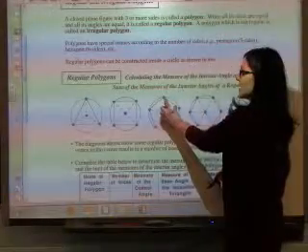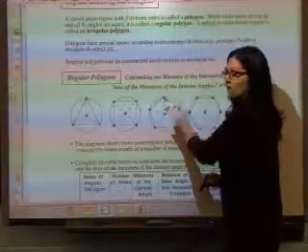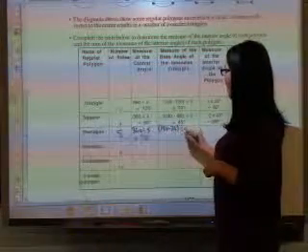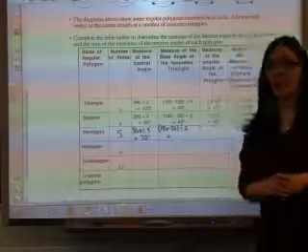Because they're isosceles, the 2 angles have to be the same. So to find out what those 2 angles are, I can take that 72 away from the 180 and then divide that in half. And what do I get when I do that? 54 degrees.